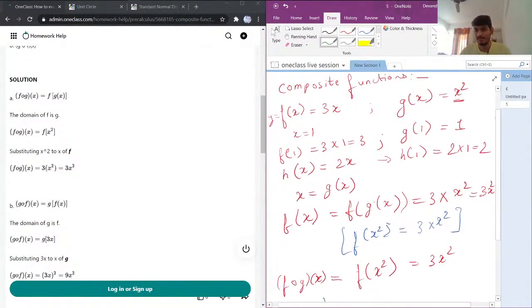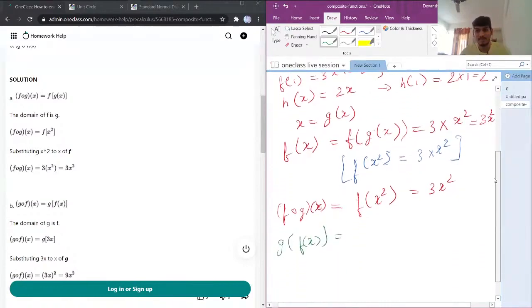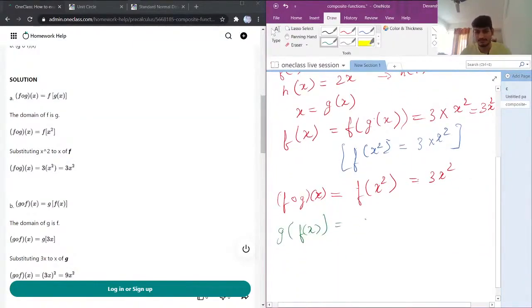So when we put 1 here, we wrote it as 1 square. Now our x is basically f of x. So f of x is 3x, and then we'll square it, because our g of x is basically x square.